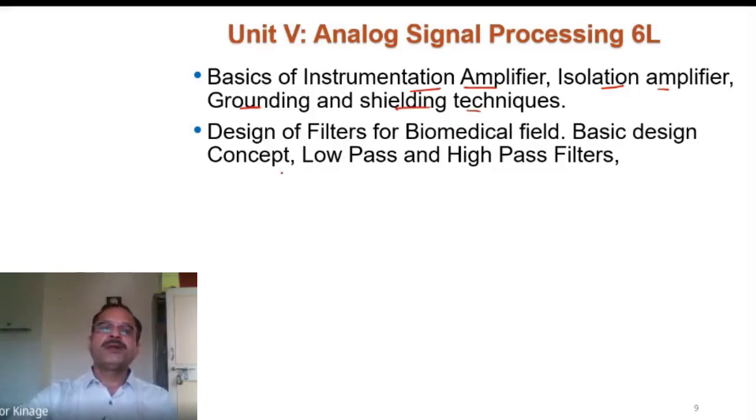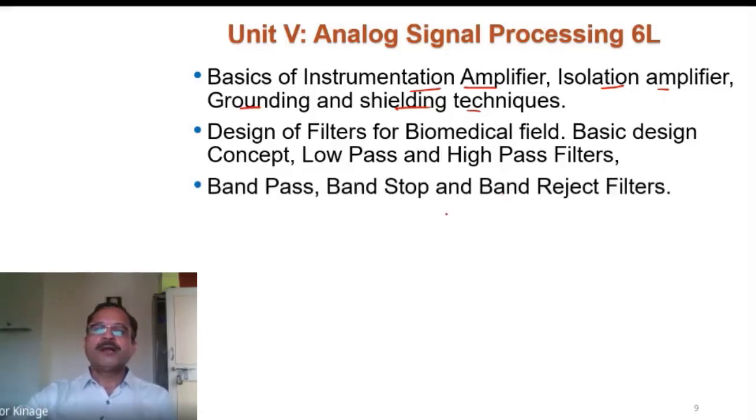Then the design of filters for the biomedical field, basic design concepts, low pass and high pass filters, band pass filters, band stop filters, band reject filters. The fundamentals of all these filters you might have studied in digital signal processing. Here we'll study how to use these filters in biomedical signal processing.